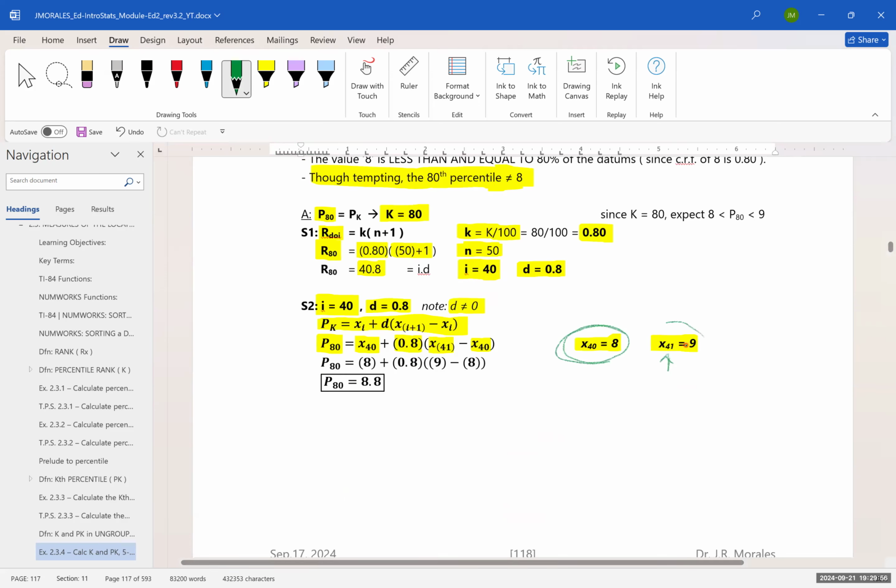That's how I got that the 41st datum is 9. So now I just substitute the 40th datum being 8 and the 41st datum being 9 into this formula, simplify, and I get the 80th percentile is 8.8 hours of sleep.